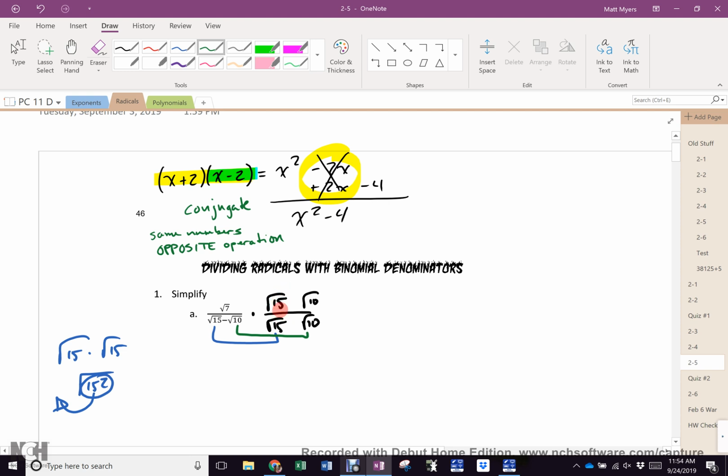What are my only two options? I could have plus or I could have minus, yes? Well, if I have minus, will I eliminate radicals? Look up here. Will I eliminate radicals? Absolutely not. So what must I have here? A positive. Because I must use the conjugate.